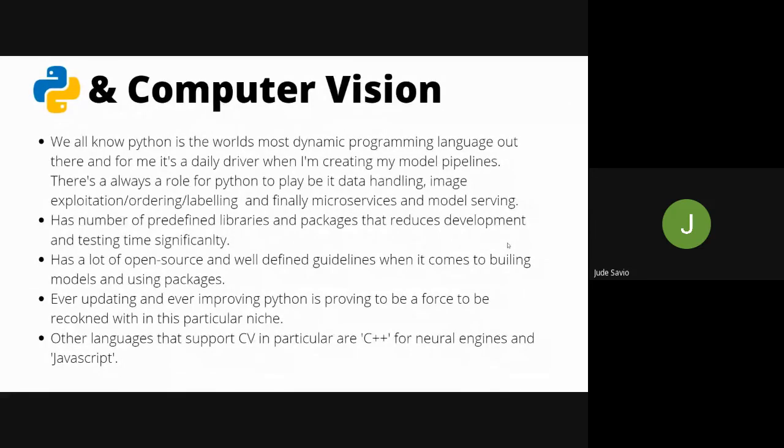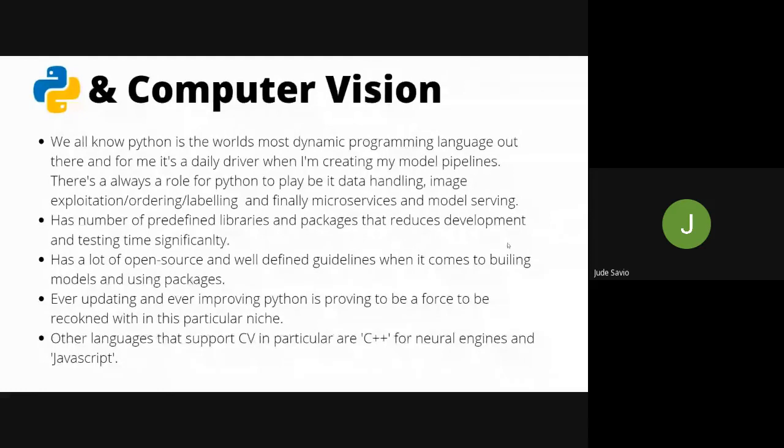So even if you're not able to do one, the packages that come within these libraries in Python come with a standard architecture where you just have to change the number of neurons, the number of layers and whatnot, and still it will work. It also has a lot of open source and well-defined guidelines, so you have very good documentation out there. Just by reading documentation you can get started, and it's ever updating and ever improving. Python is proving to be a force to be reckoned with in this particular niche.